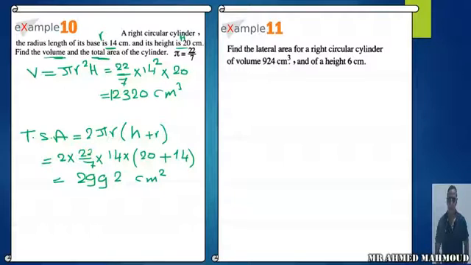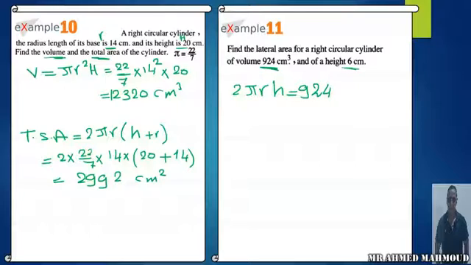The next example. In this example, find the lateral area of a right circular cylinder whose volume equals 924 and its height equals 6. Now we have the lateral area, which is 2 pi r h. The volume equals 924.